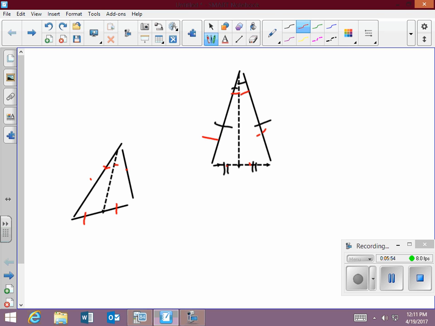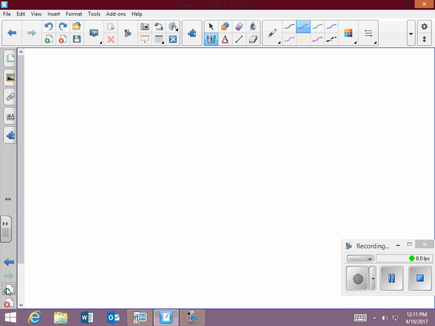Now in the problem set, starting at page 219, problems 1 through 8 are not proof problems per se. They're just kind of justification problems. But problems 9 through 20 are two-column proof problems.